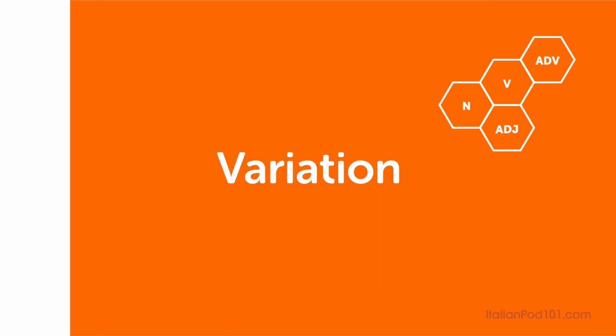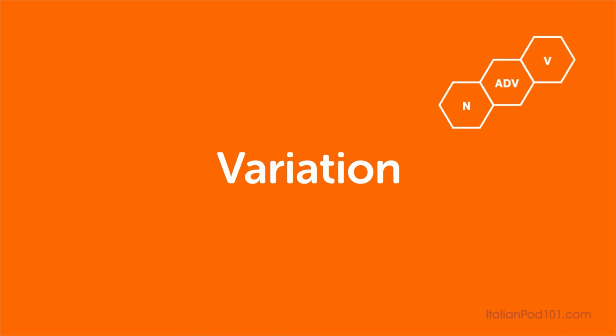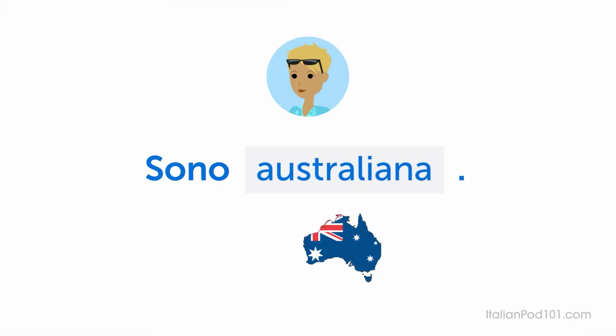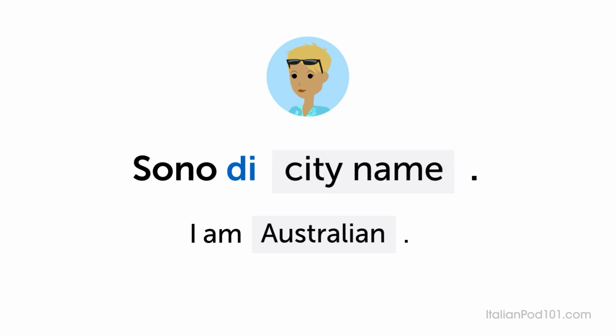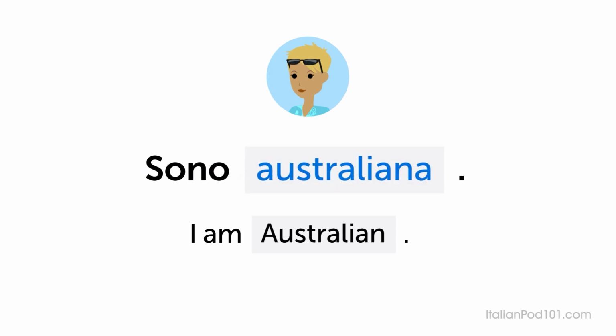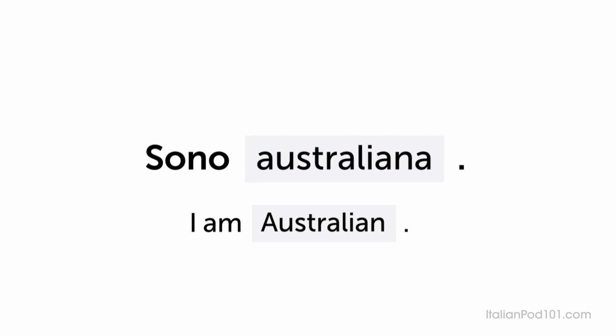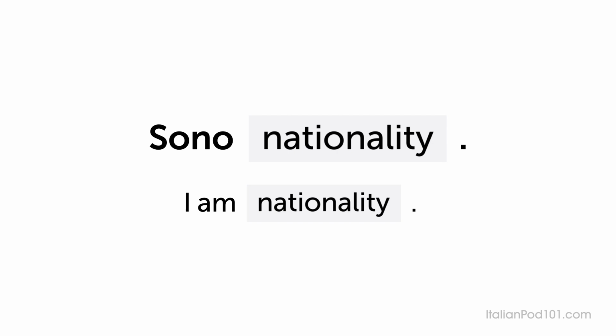Did you notice how the last speaker uses a different pattern? Sono australiana. I am Australian. Instead of di plus the city name placeholder, she uses an adjective for her nationality. This pattern is sono, nationality, I am nationality.